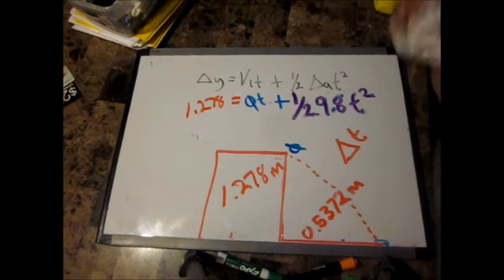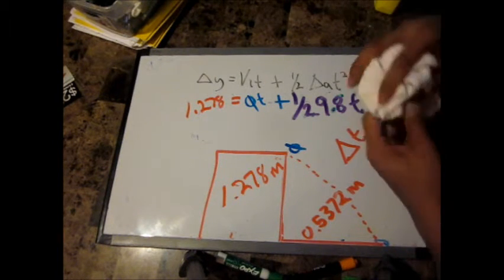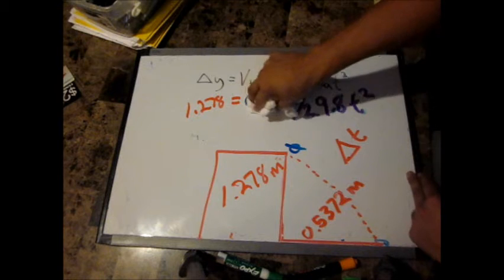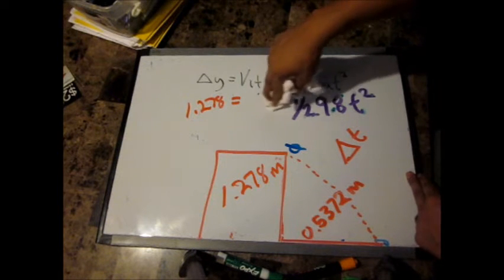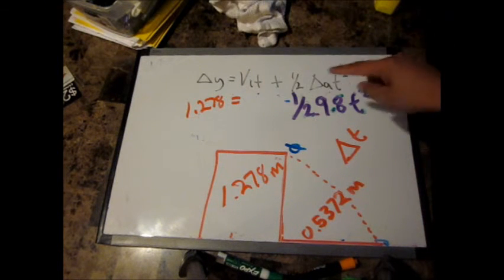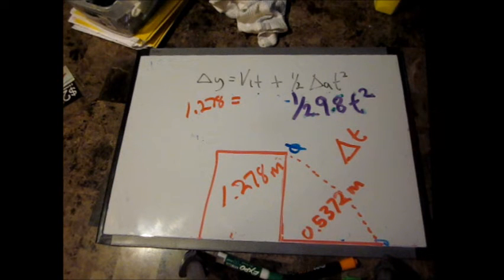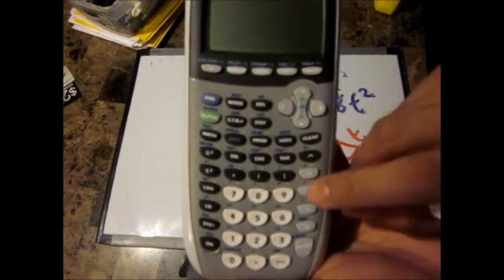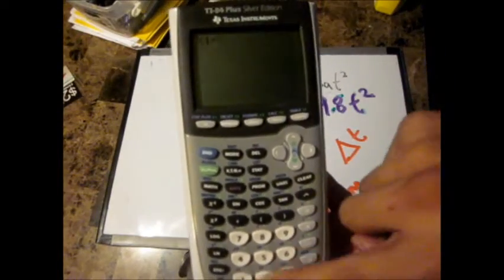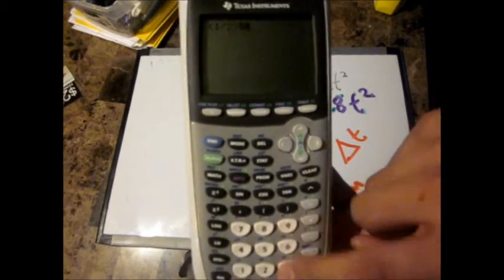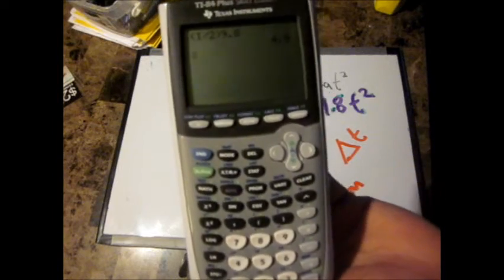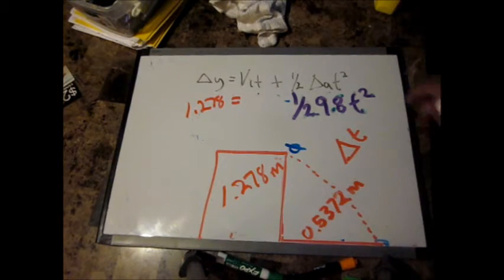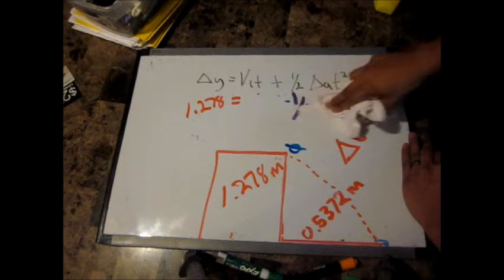Here we can see that 0 multiplied by anything is 0, so we're going to take that out, and we have another equation here of 1/2 9.8 multiplied by t squared equals 1.278. Let's go ahead and bring out the trusty calculator again. 1/2, 1 divided by 2, multiplied by 9.8, and what we get is 4.9. So here we're still going to use purple.